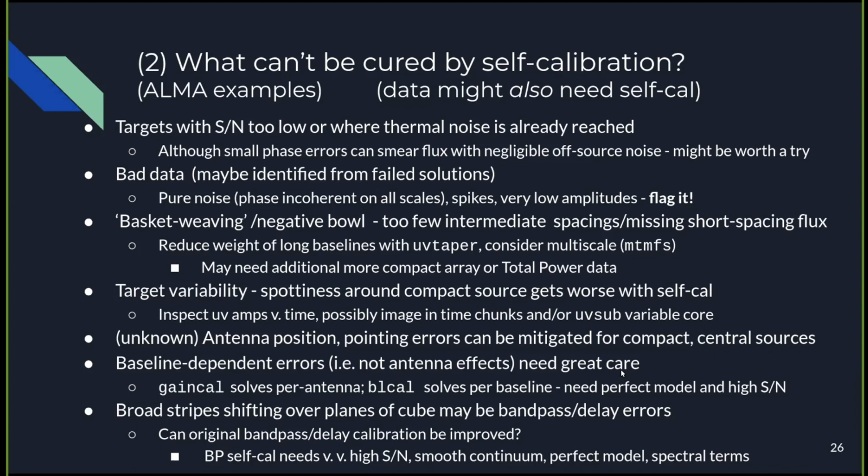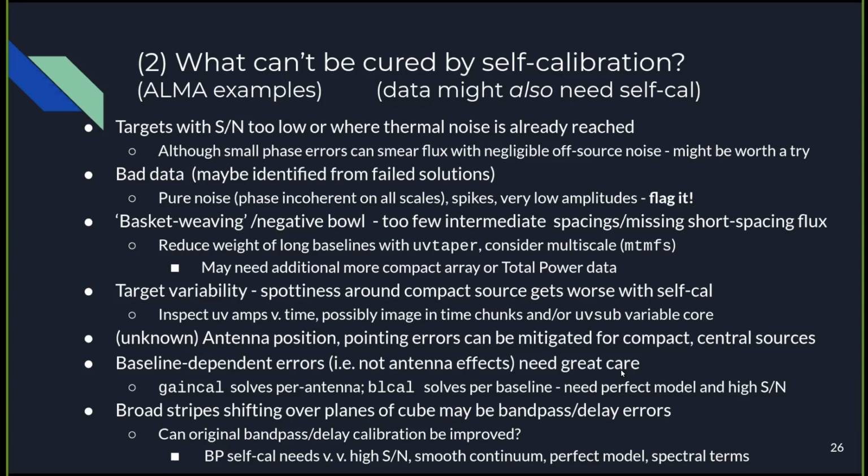It will show up many of these faults, and you can use calflag equals true to get rid of it. But it's not actually solving the problems, it's just brushing them under the carpet. And sometimes that's all you can do. It's a perfectly legitimate thing to do if you've tried everything else. So if your target is really faint, then you can't self-calibrate.